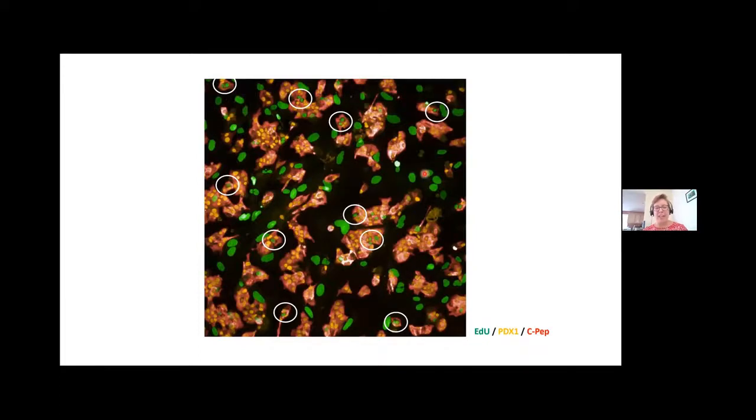We call them fibroblasts just because it's easier. I'm sure there are many different cell types amongst these big behemoths. The small nuclei, though, are the endocrine cells, and most of these that you see here are beta cells. We don't have a nuclear stain showing right here, but we do have alpha cells and other cell types in there too.